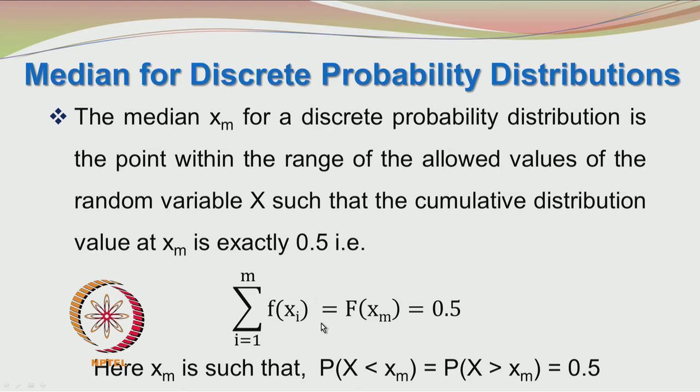In mathematical form, the sum over i equals 1 to m of f of xi, which is the cumulative distribution value at xm, should be equal to 0.5. f of xi is the probability mass function. The xm value here is such that the probability of x less than xm and the probability of the random variable x greater than xm are both equal to 0.5.